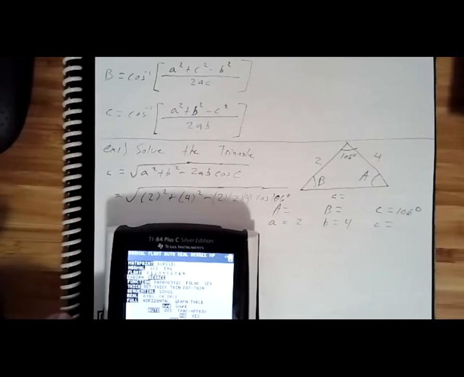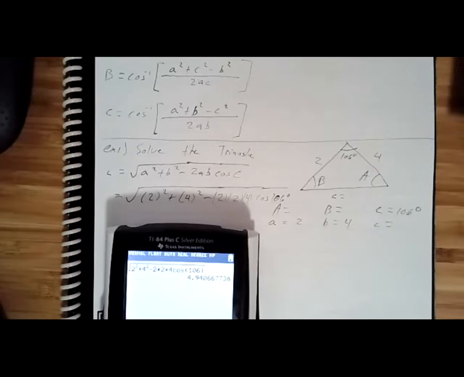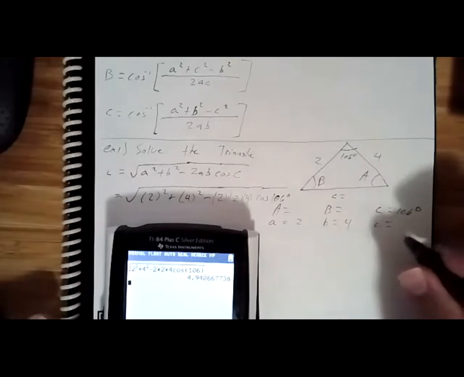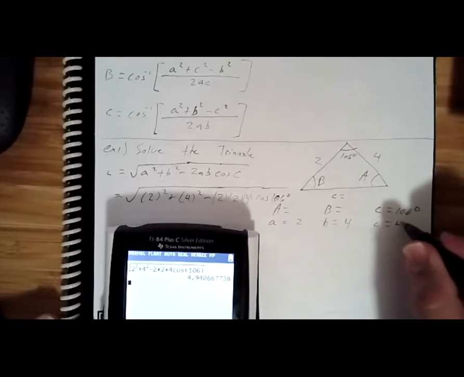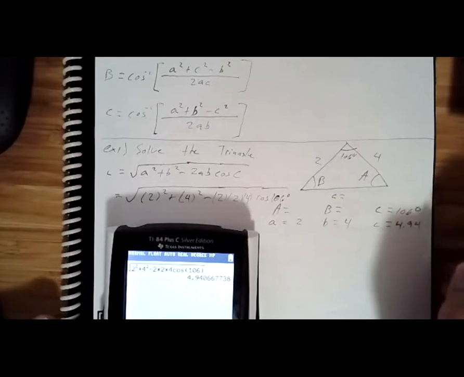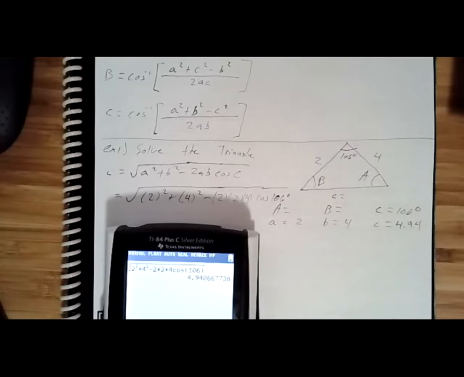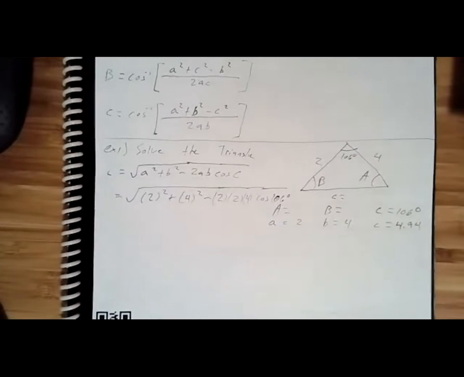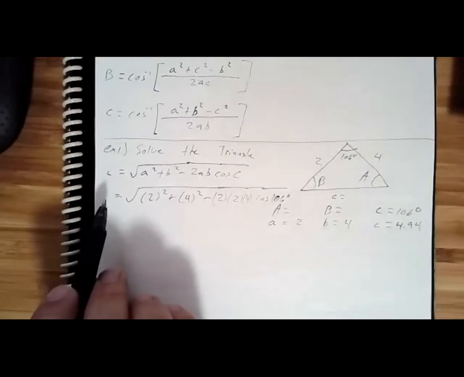I don't know if I'm in degrees. Yeah, we're good. So side C is 4.94. Okay. So now we need to find at least one angle. That way we can just subtract from 180, right? And we're done. Any questions about little c so far?